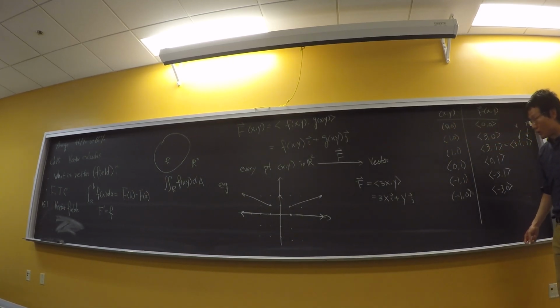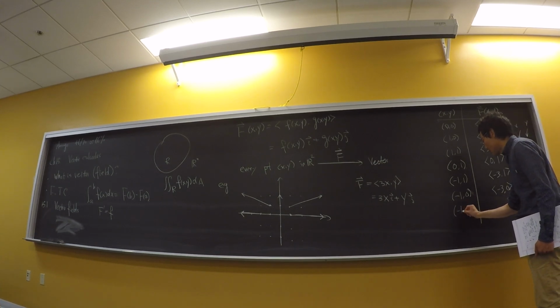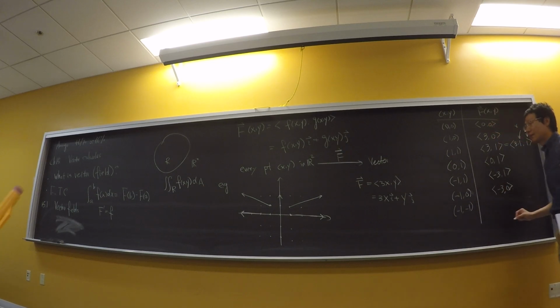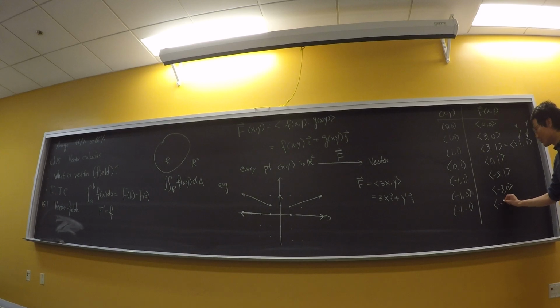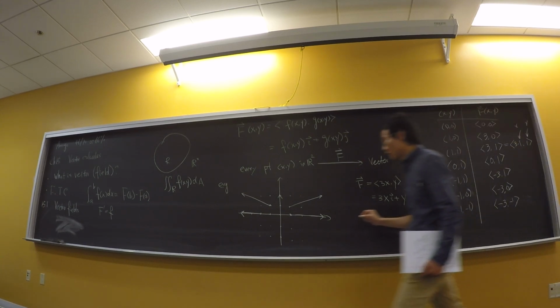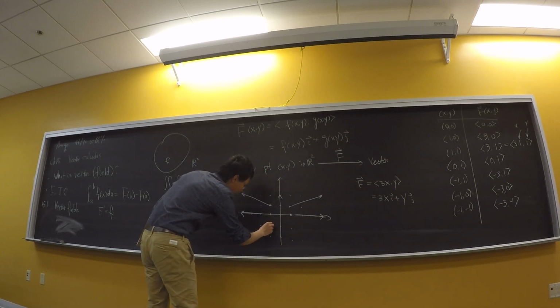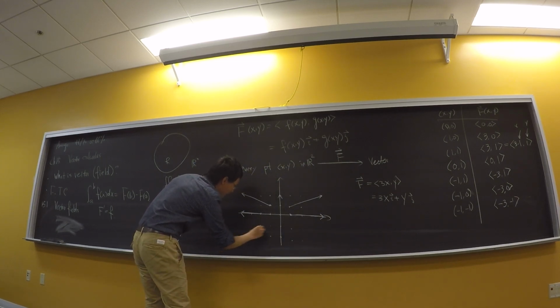So let's finish our work by graphing a couple more vectors here. So if I have -1, -1 as my point, what is the vector we have? It's going to be -3 and -1, all right? So this is going to be the vector. Okay?